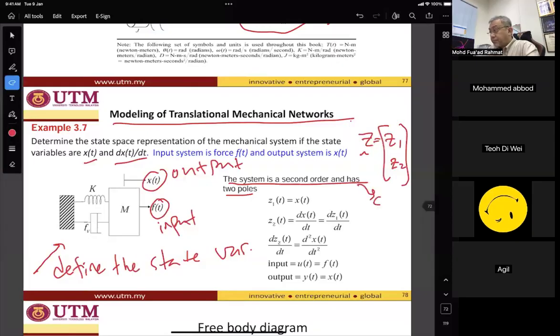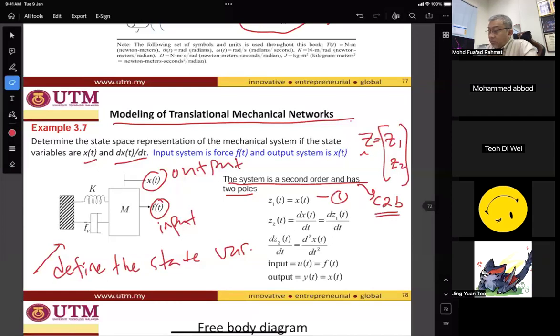So the system is a second order system as we proved in chapter 2b. Okay, it is a second order system. So we define the state variable z1 is equal to x, the displacement, and z2 is equal to dx/dt, which is the velocity. In this case it is dz1/dt, or simply known as x dot or z dot.